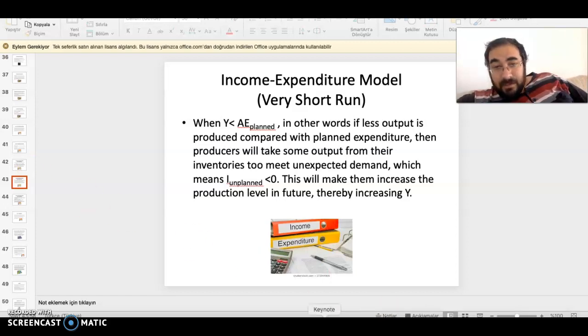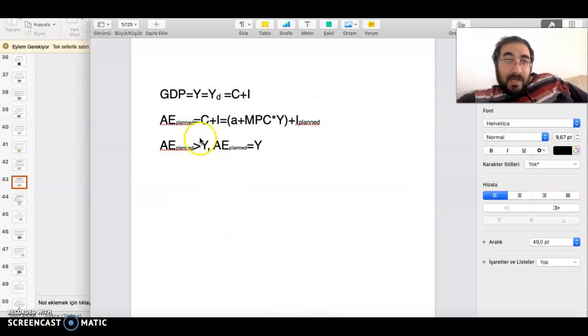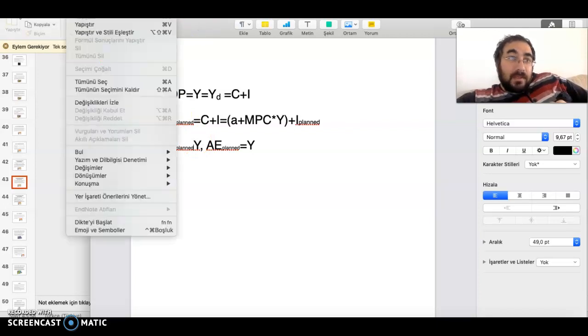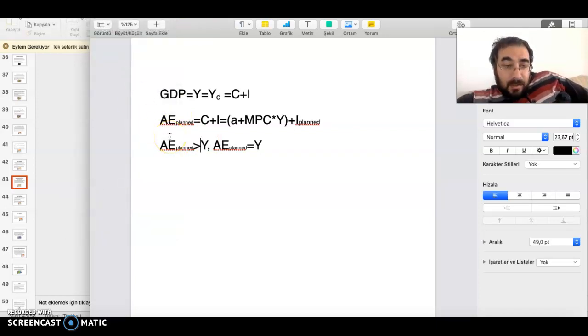What will happen in the reverse case? In the reverse case, we have AE less than Y. In that case, the planned spending is less than GDP. That includes also investment and inventory investment.